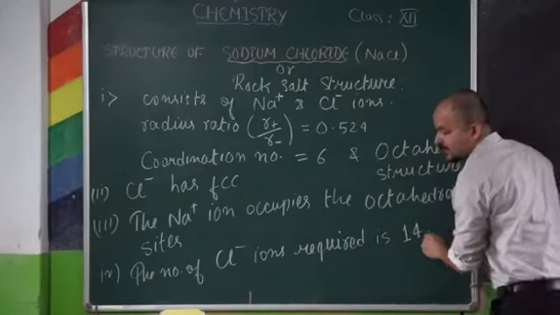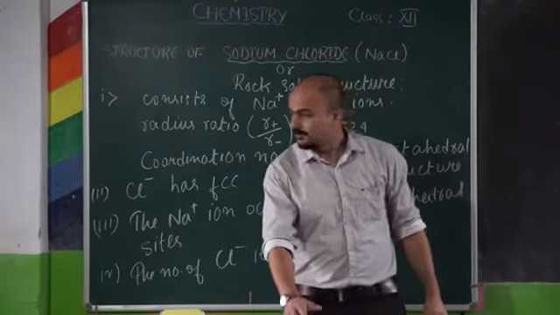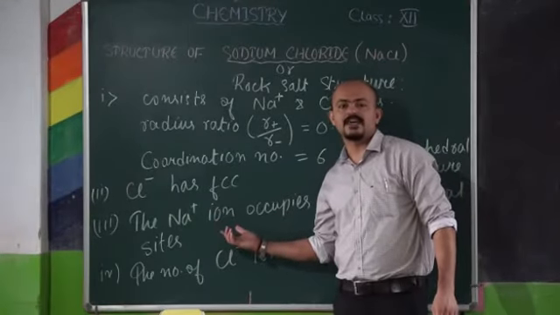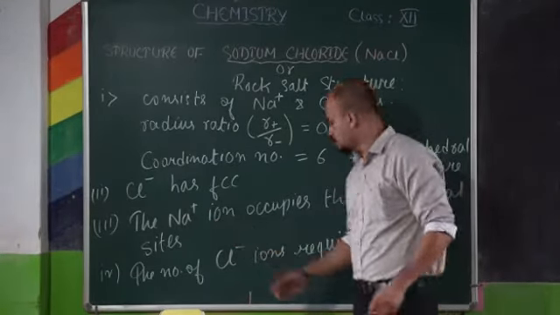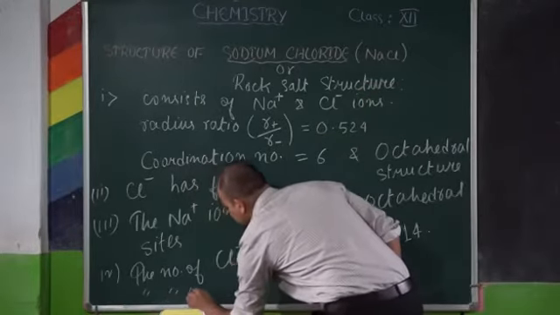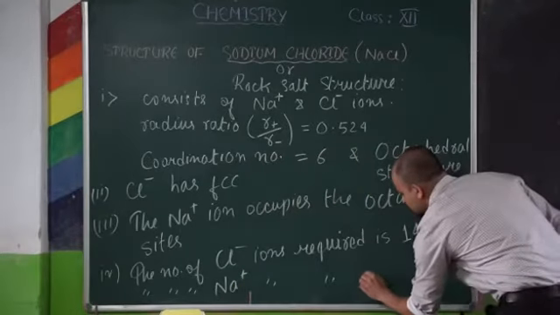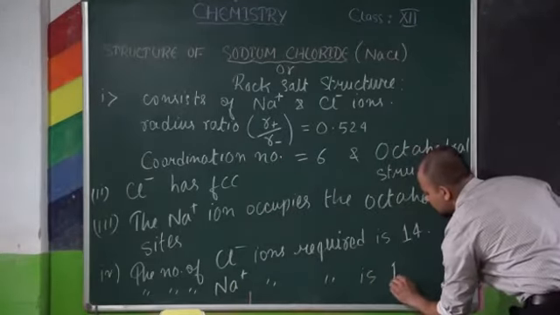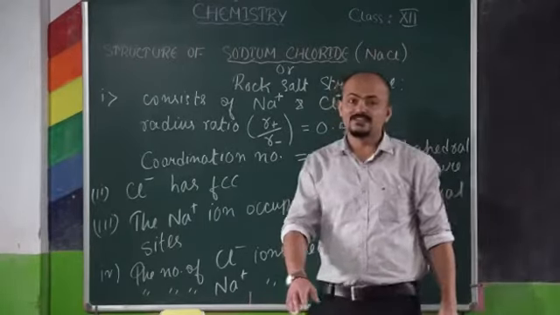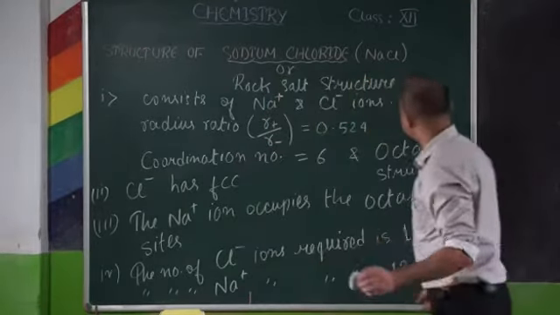You have to remember this again. And in the vacant spaces of this octahedral site, how many sodium ions are required? The number of Na+ ions required is 13. Now this 13 of Na+ ion will be occupying which site? The octahedral site.